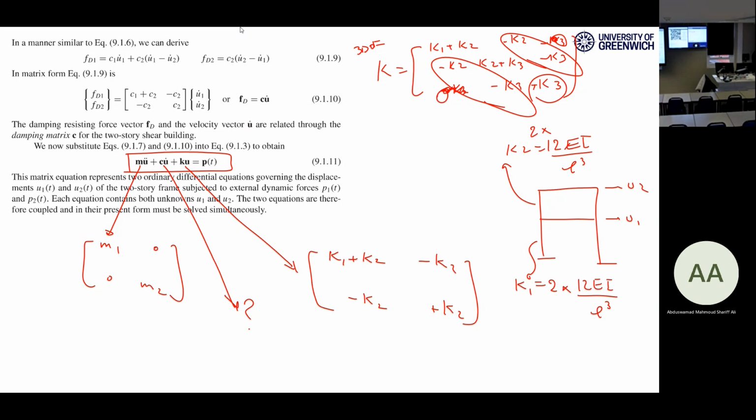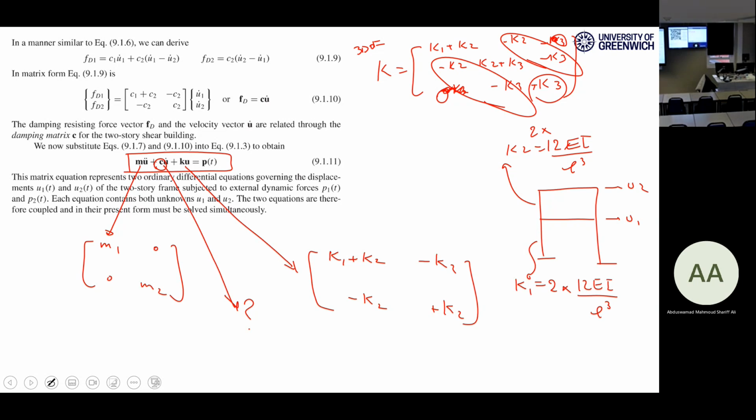However, there is another very big assumption to simplify this problem. Although damping is very complex, it is very small in comparison with the other 2 terms, M u double dot and K u. If you remember, the damping ratio was 5%, 2%, 3%.